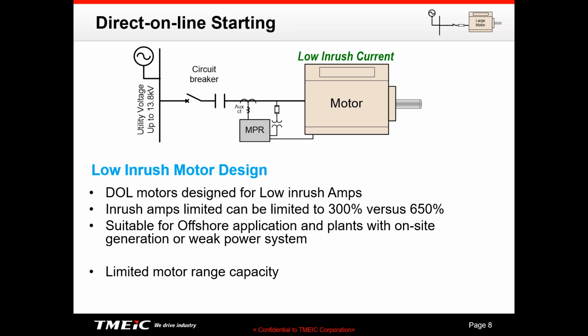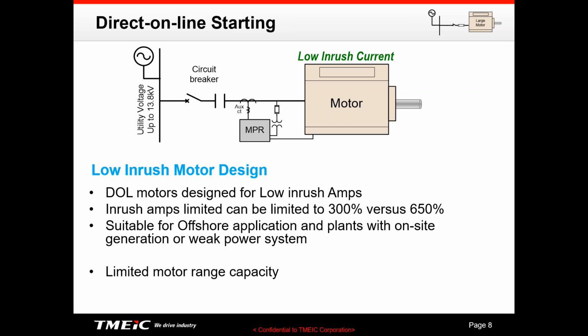This is very suitable for offshore applications or very weak utility systems. But note that the motor range capacity is very limited, because if you lower your inrush current, your torque goes down as well. But most applications require high torque with a low inrush current.